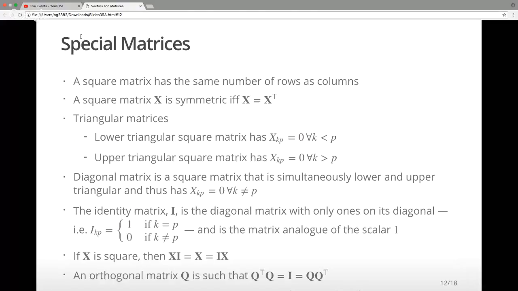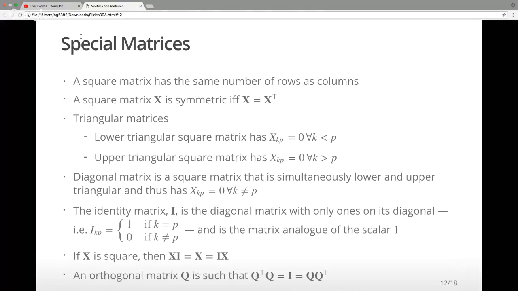And if it happens to be the case that X is equal to its own transpose, we say that the matrix is symmetric. So that's going to entail that the X12 element is equal to the X21 element, and the X34 element is equal to the X43 element for the entire X matrix. If that holds for all elements, then X is said to be symmetric.